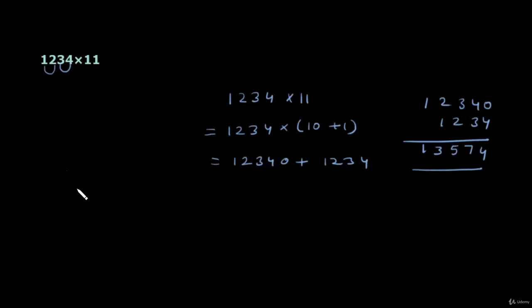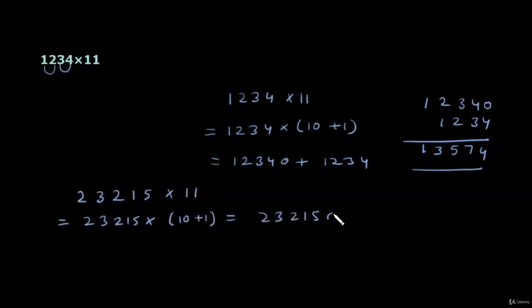To understand more, we can consider one more example. Again we can write 11 as 10 plus 1, which is same as, and if we add column wise, this is same as we are adding the number by shifting to one place.